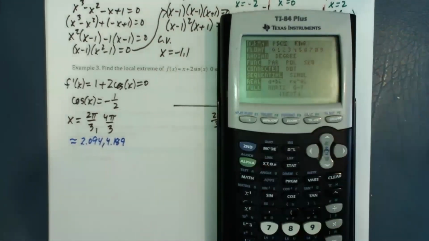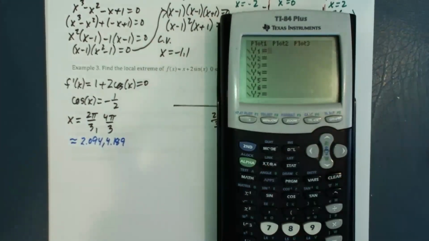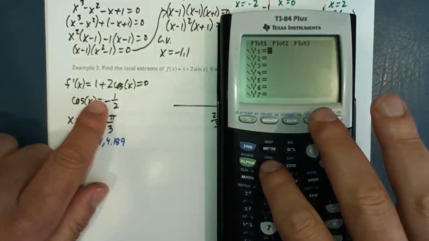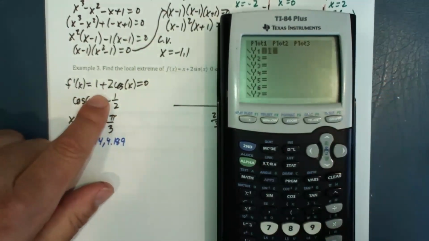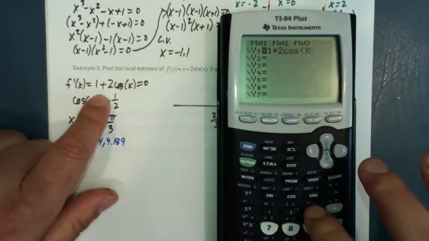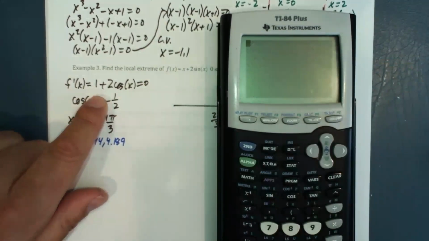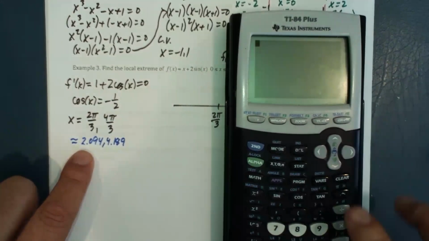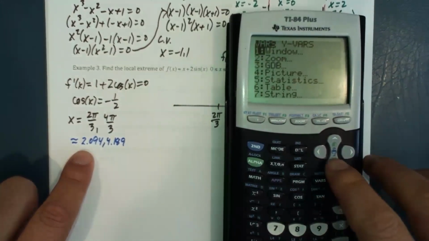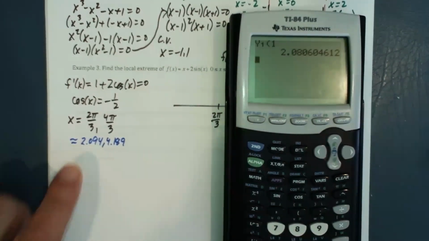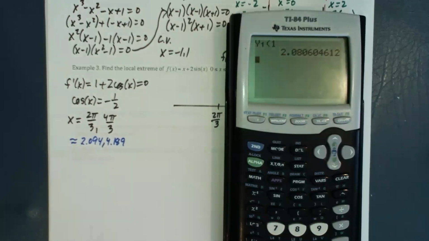And I'm going to go into here and type this in: 1 plus 2 cosine x. And so I'm going to pick a number less than that. Let's pick 1. So I'm going to do vars, y vars, function y1, and I'm going to evaluate that at 1. And again, I'm just looking at the sign. This is all that's important to me.